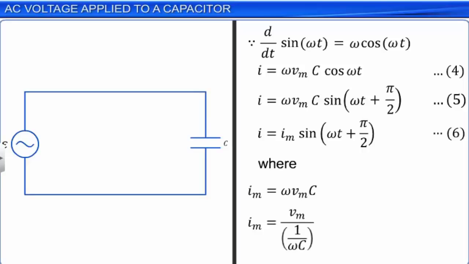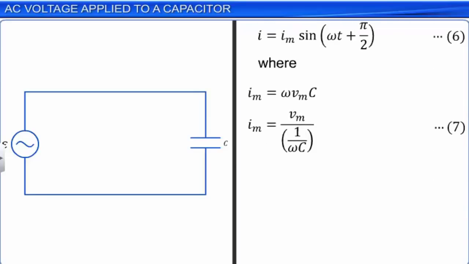Here, 1/ωC is analogous to resistance and is called capacitive reactance. Capacitive reactance is denoted by Xc. Hence, capacitive reactance is given by the inverse of the product of angular frequency, ω, and capacitance, C. Let this be equation 8.